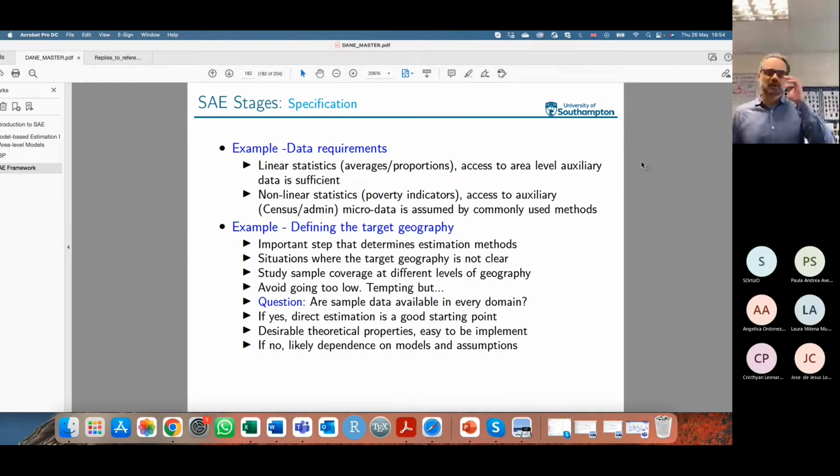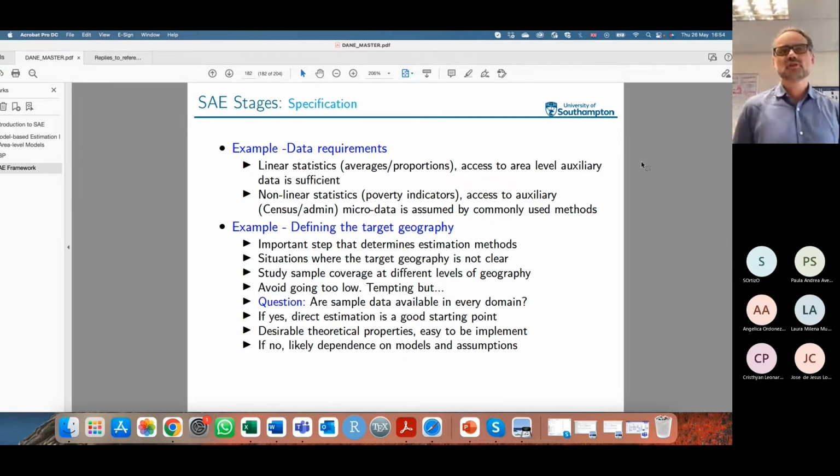So let's look at an example about the data requirements that you need. Remember, that's a topic that can cause quite a bit of confusion for people. Again, it's important to know what you want to estimate.